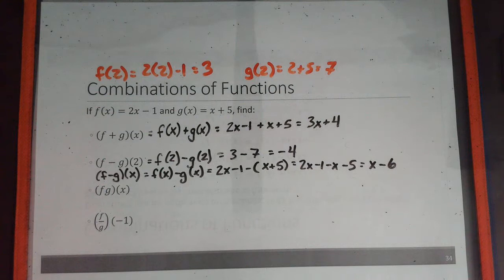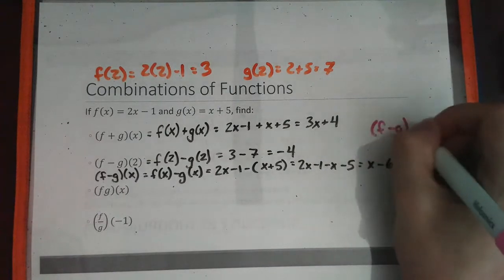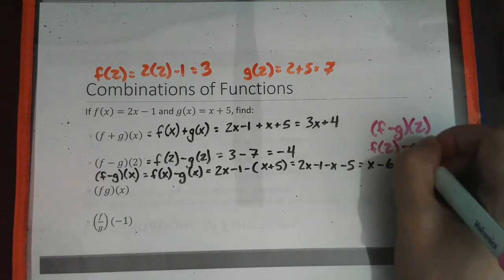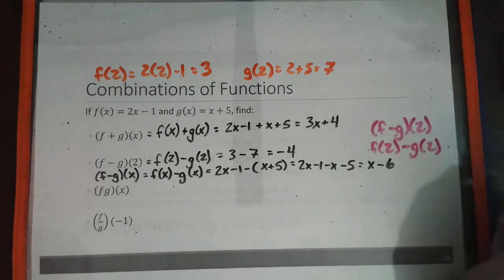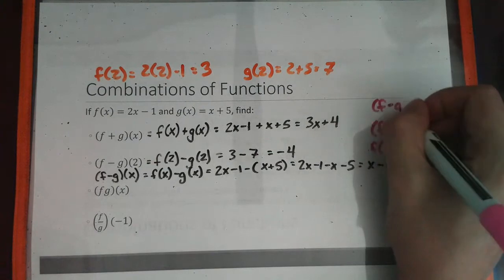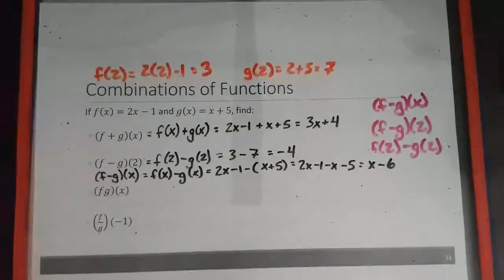So what I'm saying here is f minus g of 2 was equal to f of 2 minus g of 2, but it was also equal to the function f minus g of x evaluated at 2.